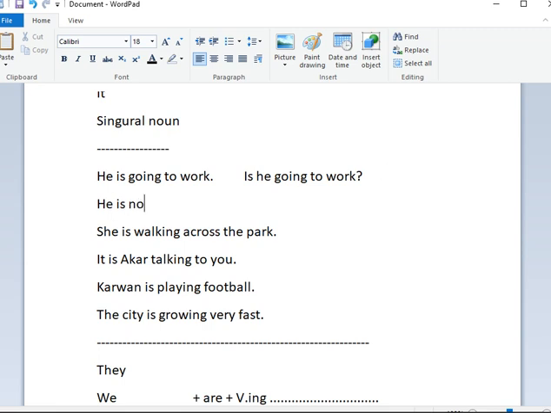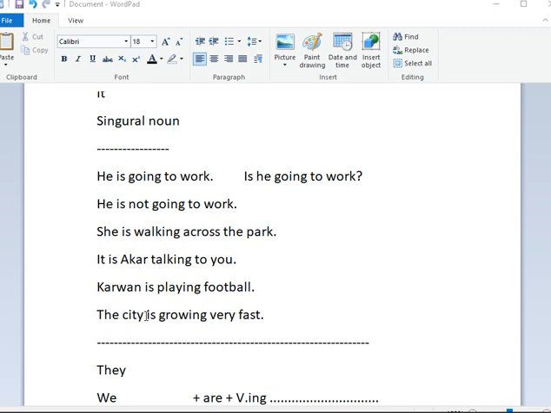He is not going to work. So for all of these, the same. She is not walking. Is she walking? Is Aka talking to you? Aka is not talking to you.